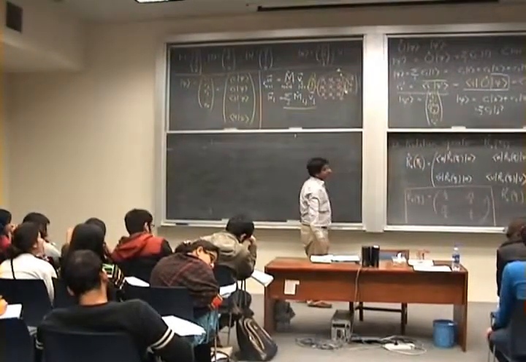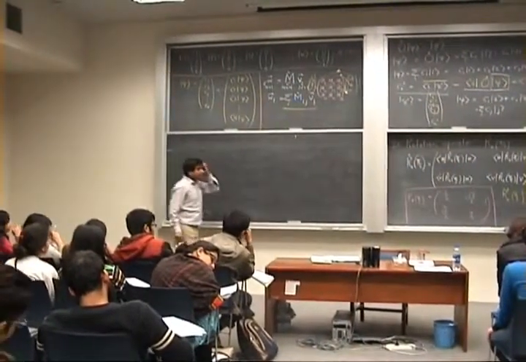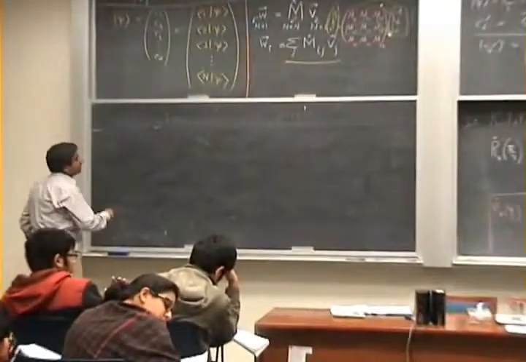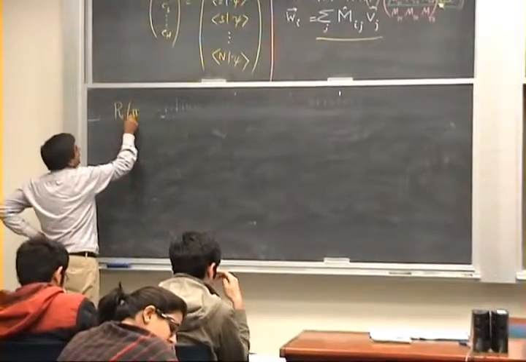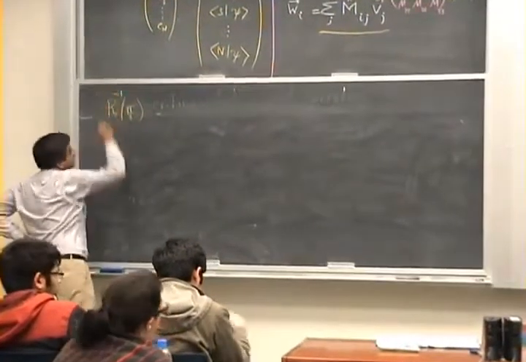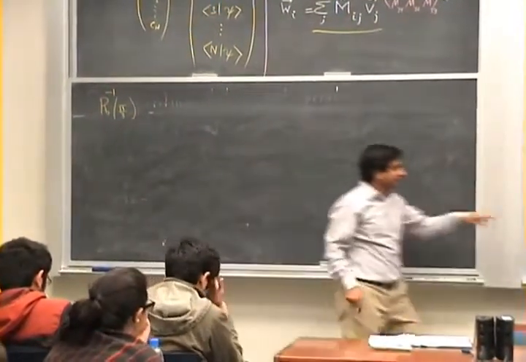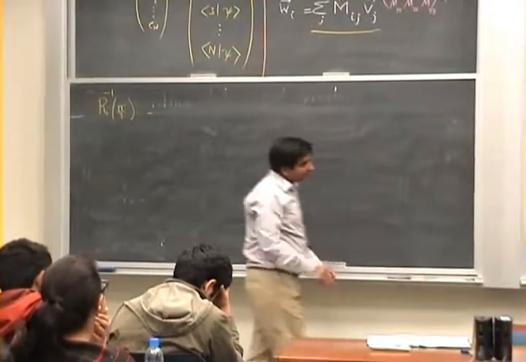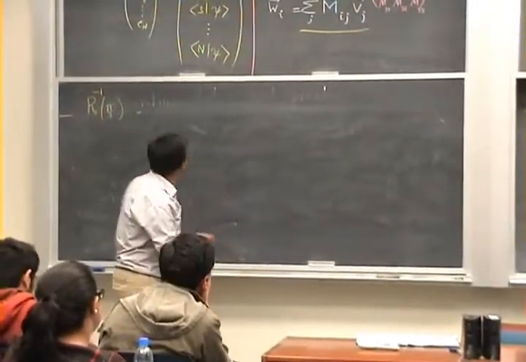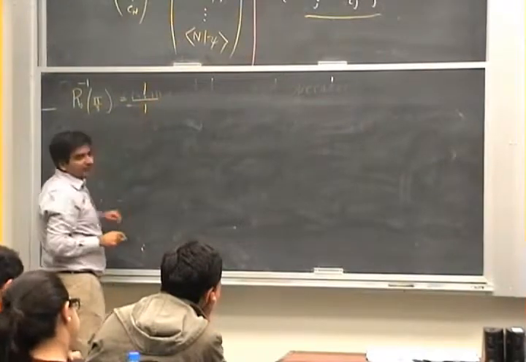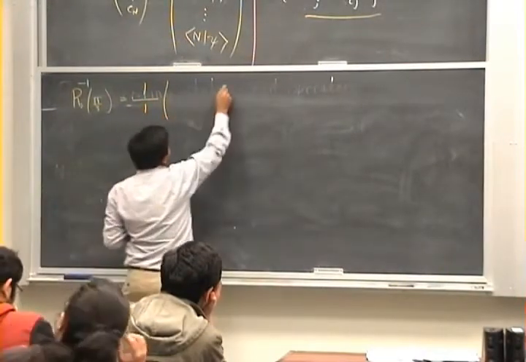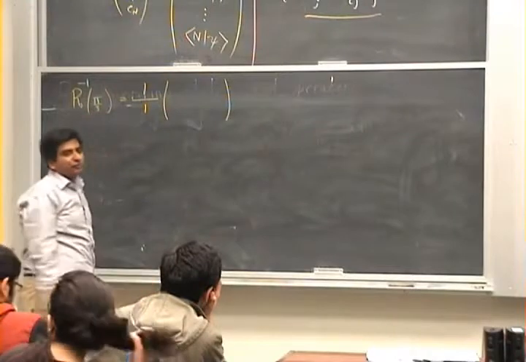So if you invoke your skills from linear algebra, RZ pi by 3, you want to find the inverse of this matrix. First you find its determinant, which is 1. So 1 over the determinant, which is 1, and then you multiply it with the matrix of the cofactors.